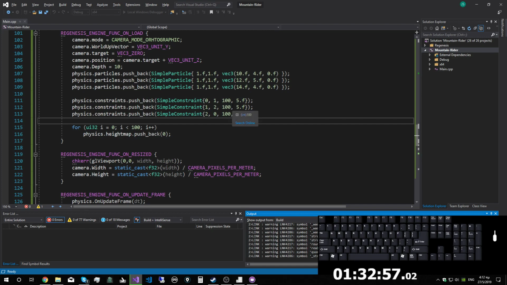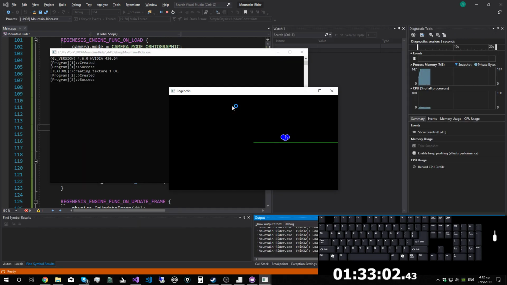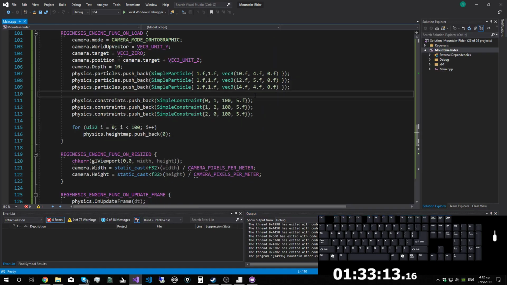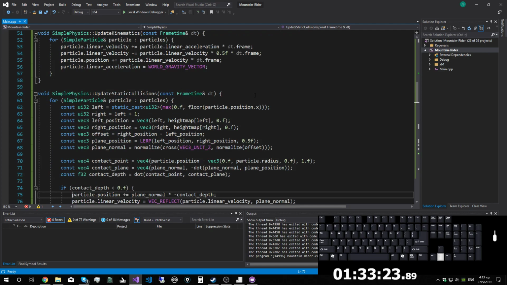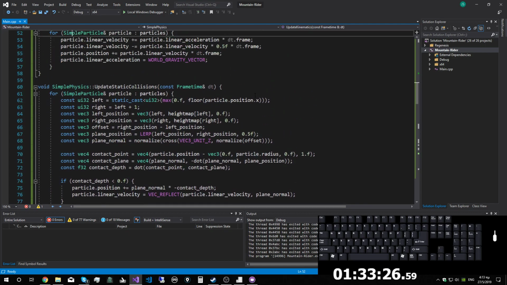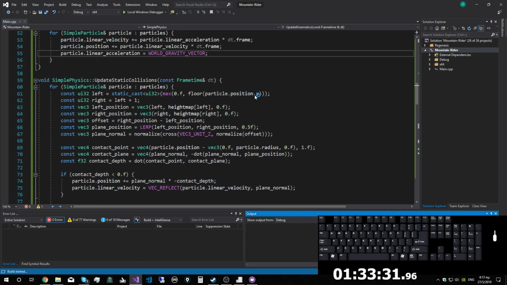That's why. Or maybe not. Let's cancel the velocity. The friction actually.